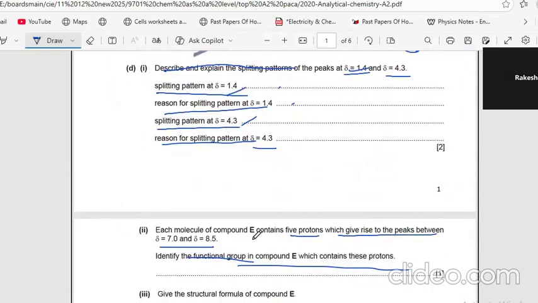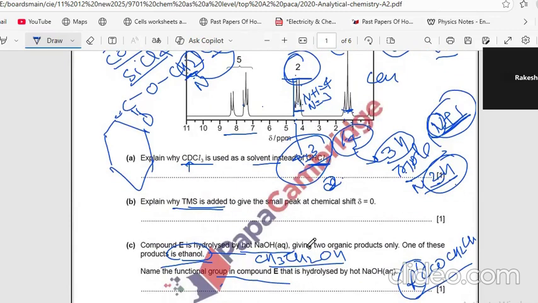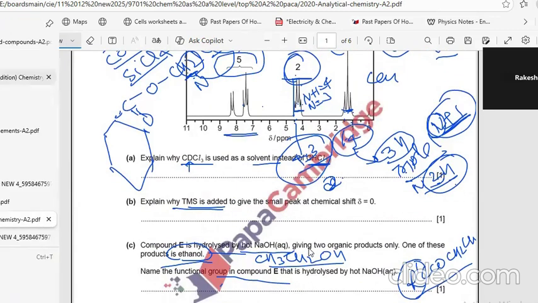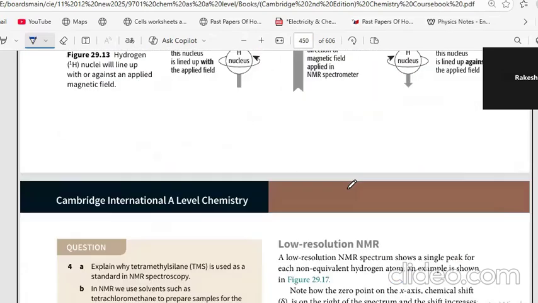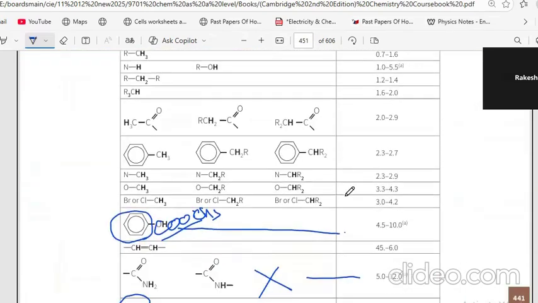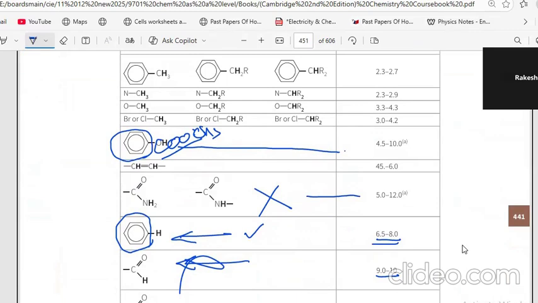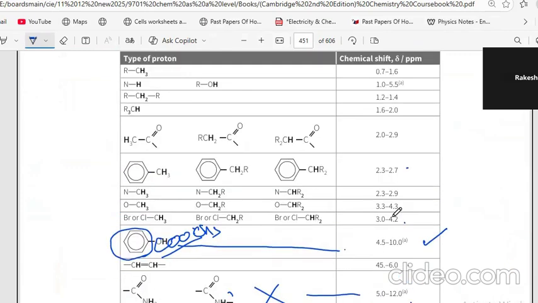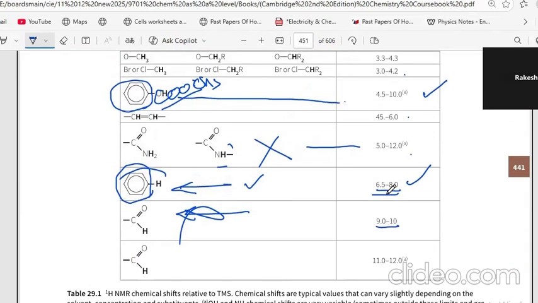Now he says each molecule contains 5 protons which give rise to peaks between 7 and 8.5. Now if you see the table, where do you have peaks between 7 and 8.5? You have peaks here. He's not mentioning ammonia in the molecular formula, so it could be this or this.